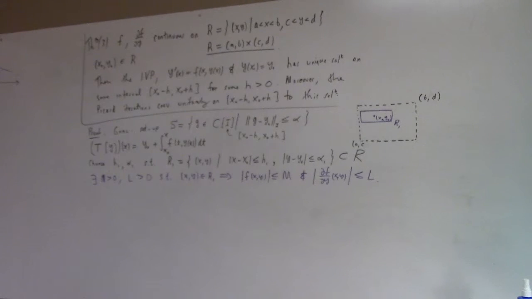Let g be a continuous function on I1 that satisfies the absolute value of g of x minus y naught is less than or equal to alpha 1 for x in I1. For such a g, I guess you can consider such a g. He's saying a continuous function.